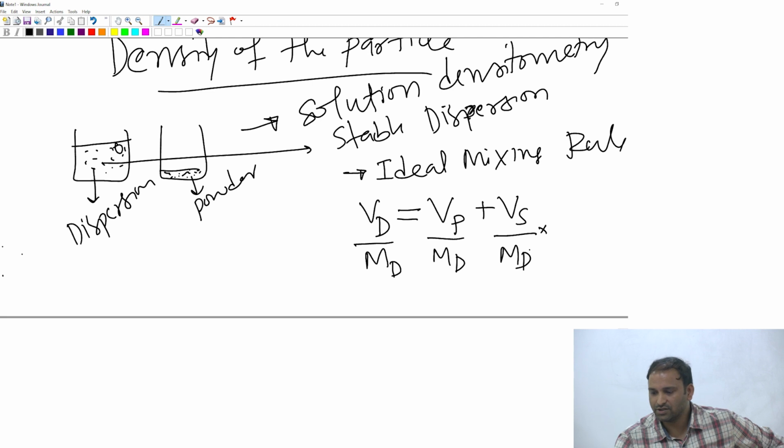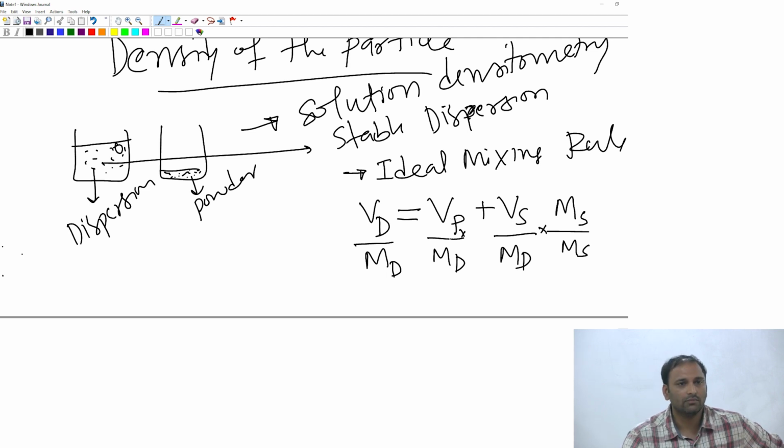Sorry, this is Vs, sorry, Md. The second term I can multiply by the mass of the solvent divided by the mass of the solvent. And this term I can multiply by the mass of the particle divided by the mass of the particle.